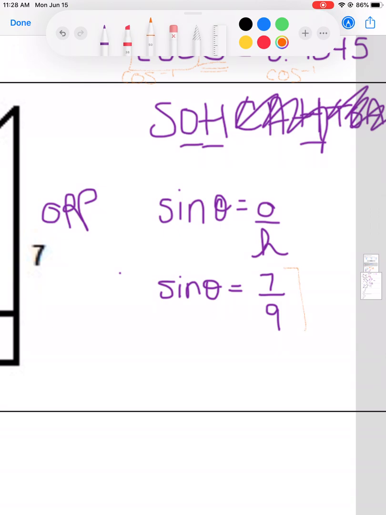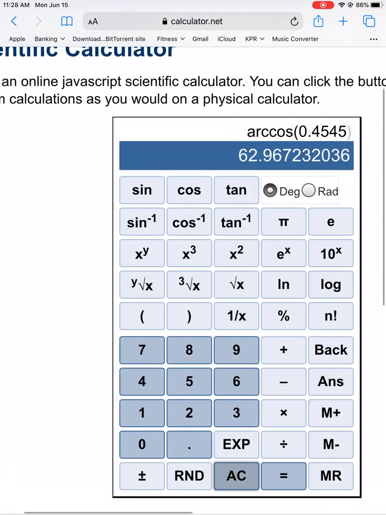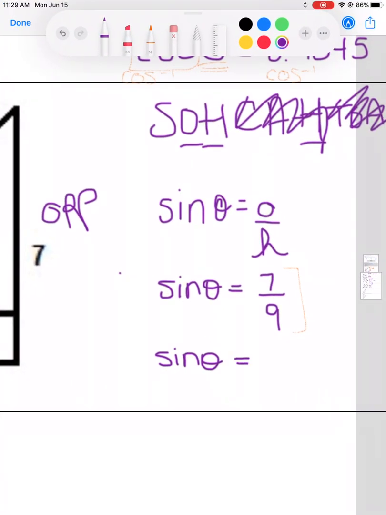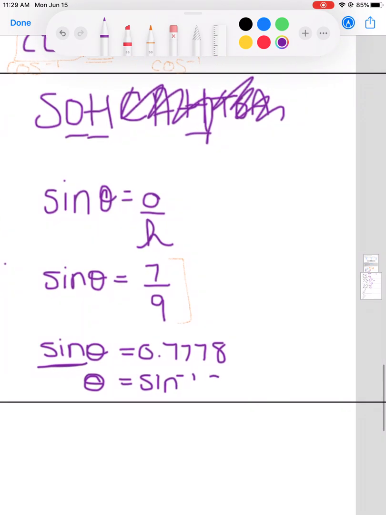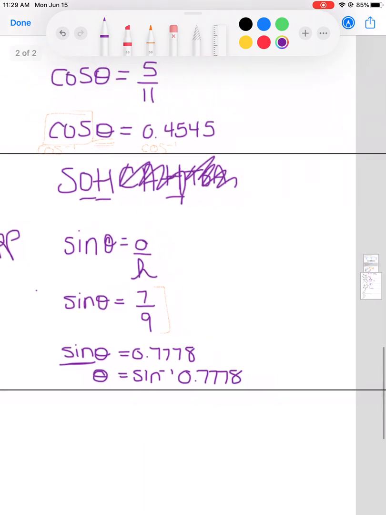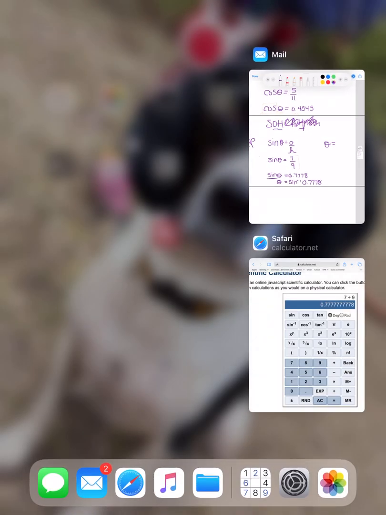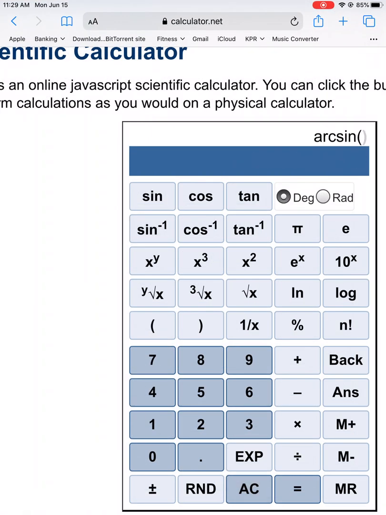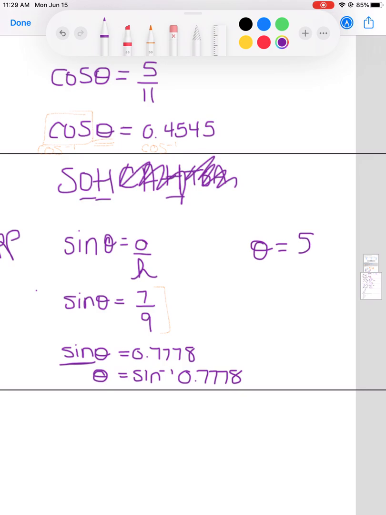So I'm going to do this first: 0.77778. Now we have to do inverse sine, so sine to the minus 1. That's 51, so the angle is 51 degrees.